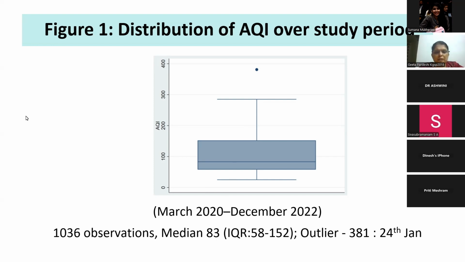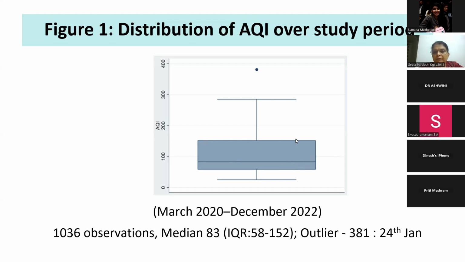So this is the box and whiskers plot. This is the outlier, the dot which is there. This box which is there is the interquartile range. That is, the lower horizontal line of the box is the Q1. The middle line which is there here is the median or the Q2.